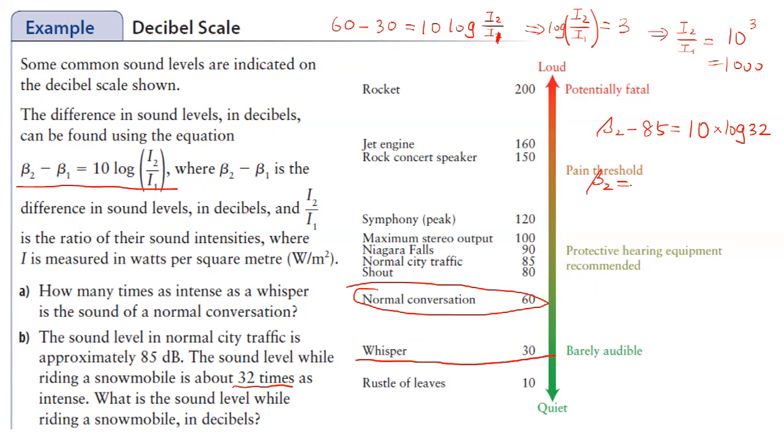Then we can solve: beta 2 is 85 plus 10 times log base 10 of 32. We can find log base 10 of 32 using a calculator. This is approximately 1.5. So this is 85 plus 15, which is about 100.